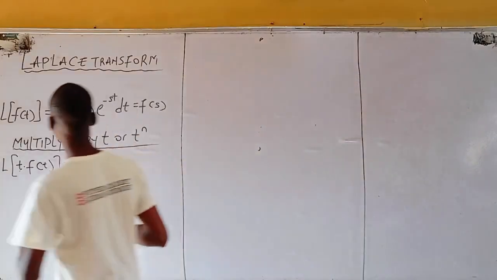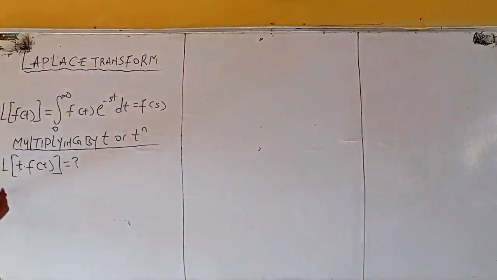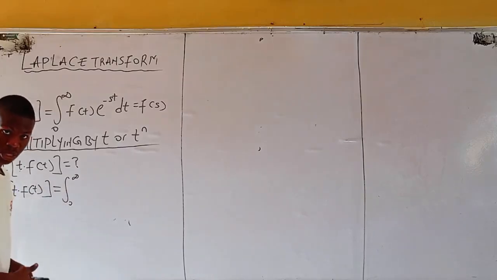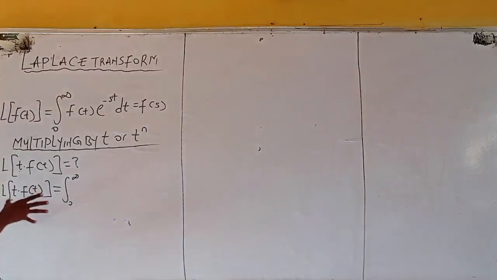Now, let's write what we know. We want the Laplace transform of t multiplying f of t, which is an integral from 0 to infinity. I said we are using what we know. In this case, do we know any formula or integral that defines this?